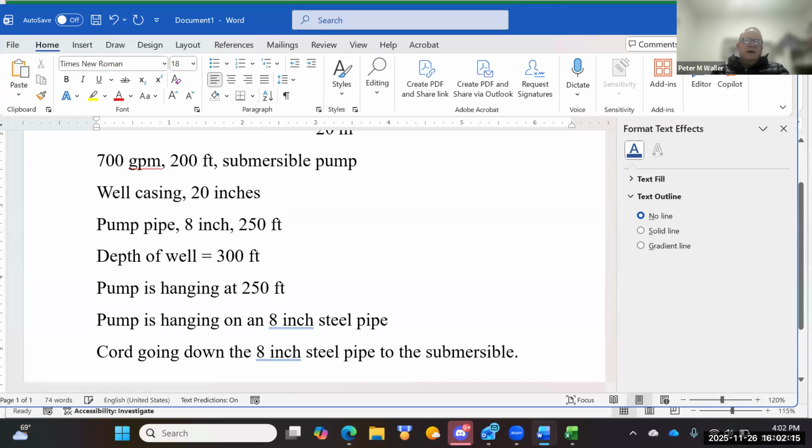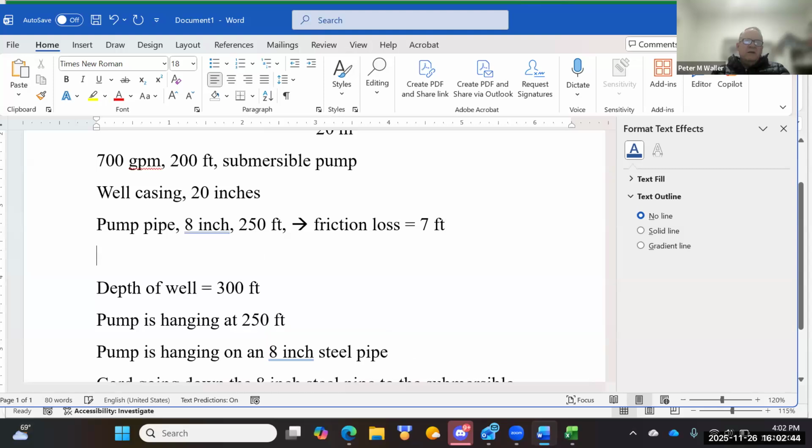The reason we need to know that is that it'll enable us to calculate the friction loss in the pipe that the pump is hanging on. I've already done the calculation. Actually, I used AI to do that. The friction loss equals about 7 feet of head.